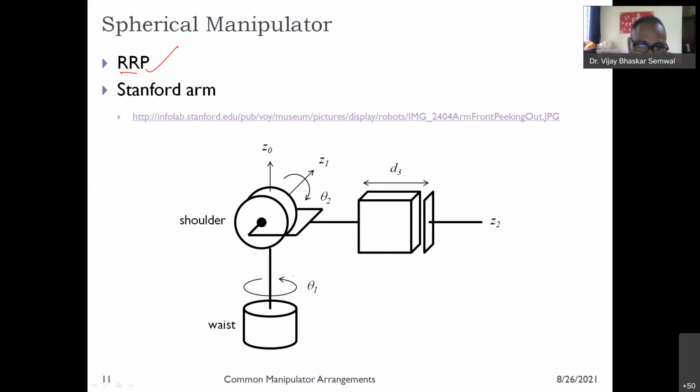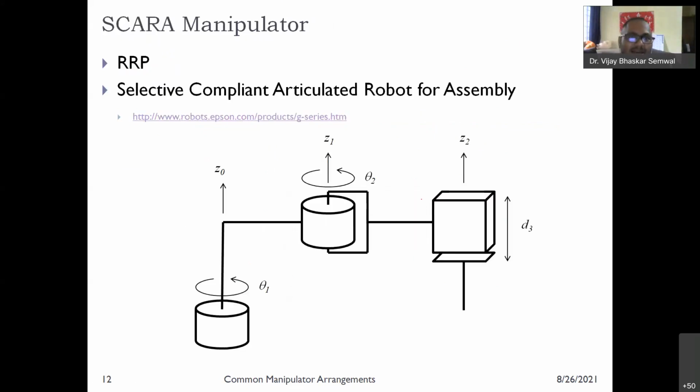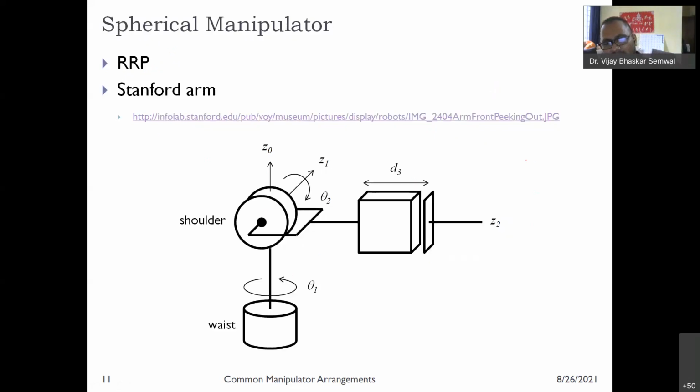So you have the waist theta 1 rotating, theta 2, and here you have displacement. Then you have the SCARA manipulator, which is RRP, again revolute and prismatic. The direction is changing. The SCARA meaning is selective compliant articulated robot for assembly purposes.